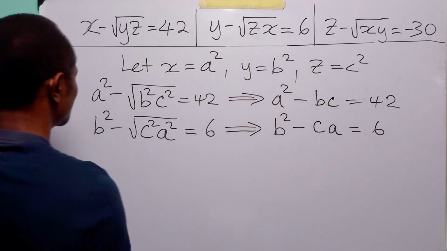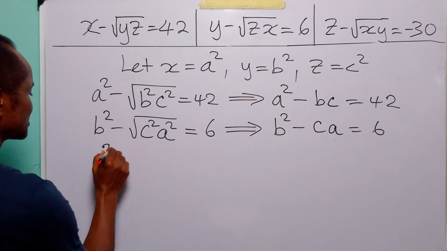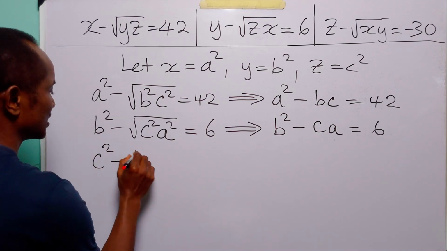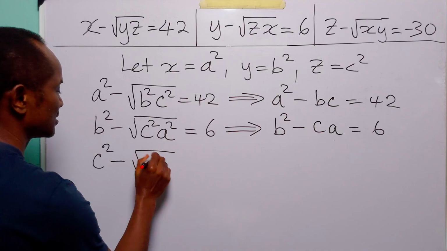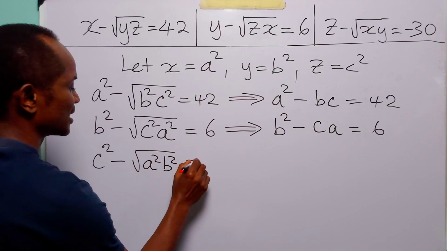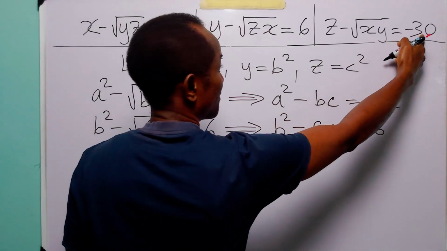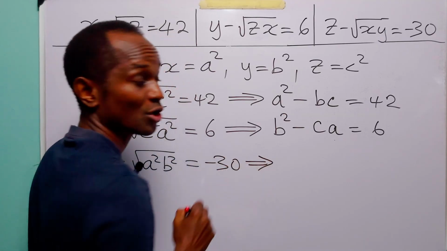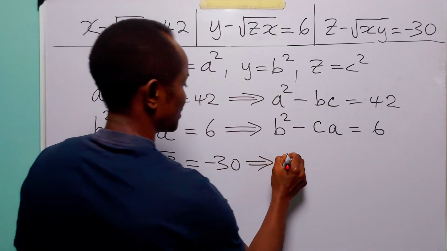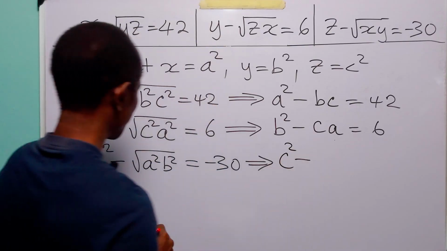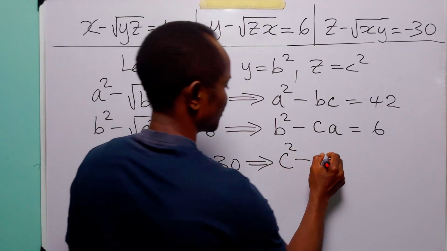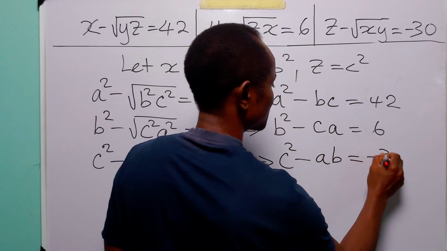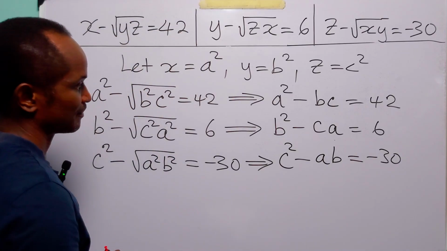And from the third equation, we have c squared minus the square root of a squared b squared is equal to minus 30. And of course, from this equation, we also have that c squared minus ab is equal to minus 30.